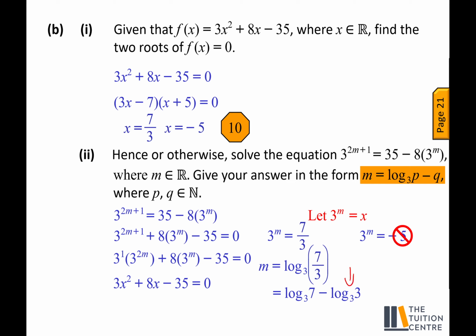But this says 3 to what power gives you 3? And of course, the answer to that is 1. So we get m is equal to log 7 to the base 3 minus 1, and that was there for another 10 marks. So you can certainly see the 10 marks earned at the start were much easier than the 10 marks earned afterwards, but with enough practice you will get that second part as well.